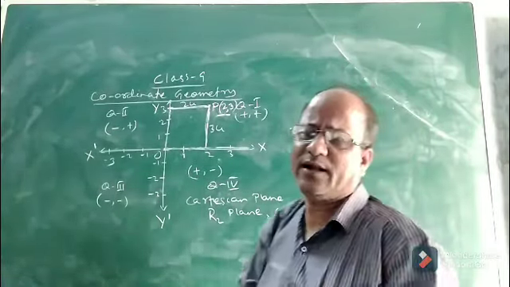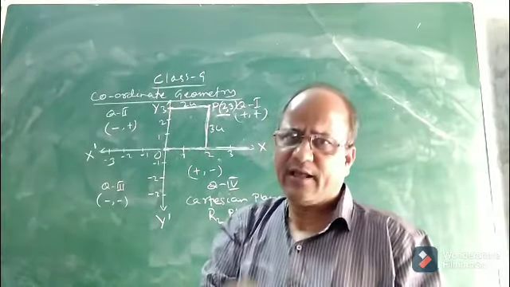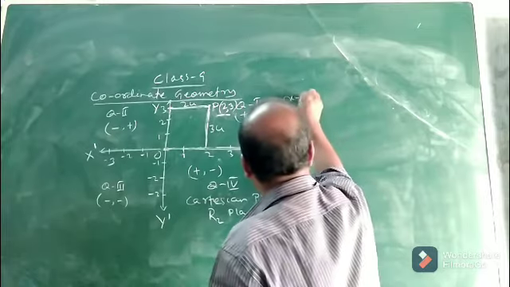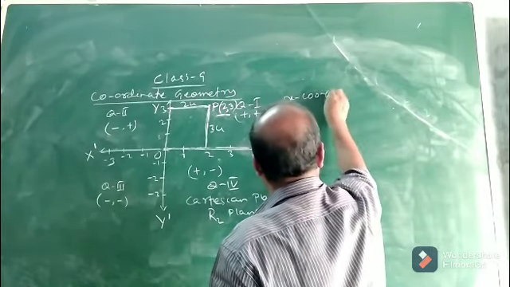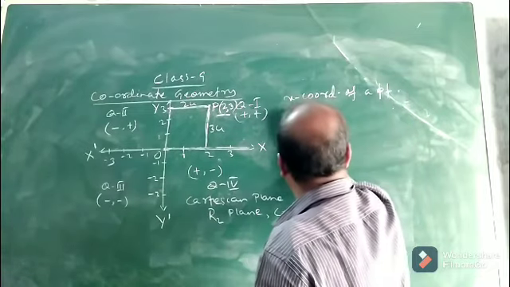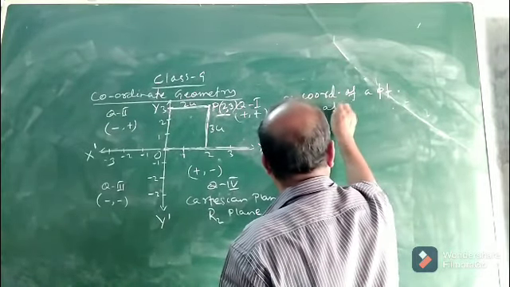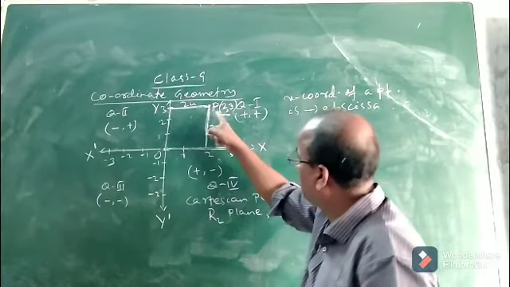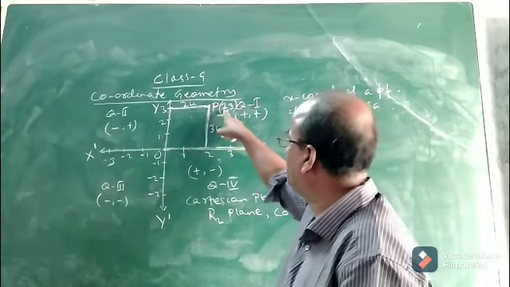What is the other name of the x coordinate? The x coordinate of a point is also called its abscissa. That means in this particular question, the abscissa of the point P is 2.